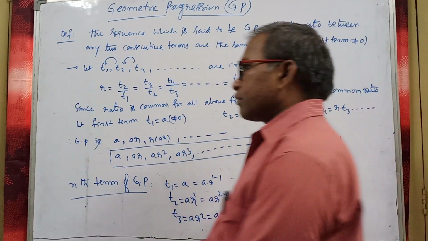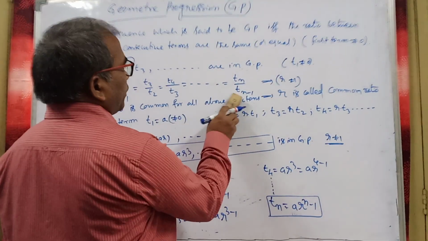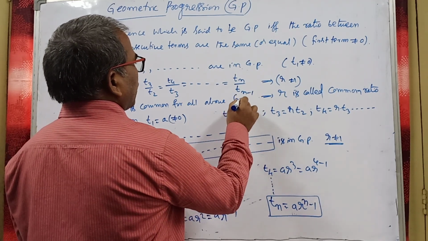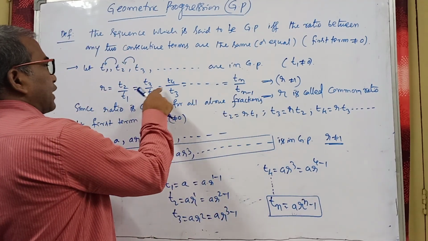These are fractions, maybe you understood my handwriting or not. They are all above fractions: fraction 1, fraction 2, fraction 3.